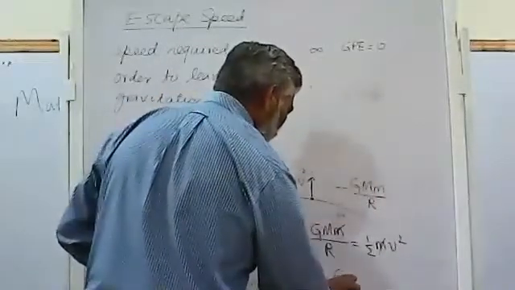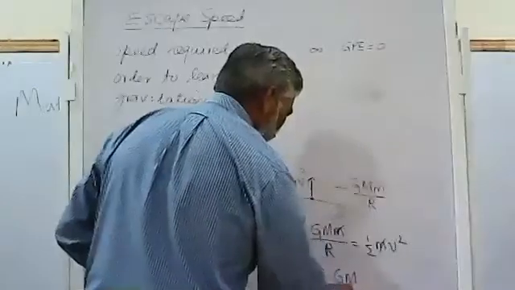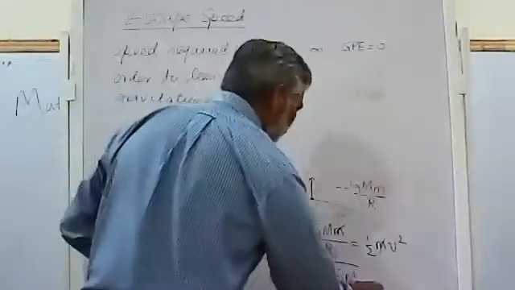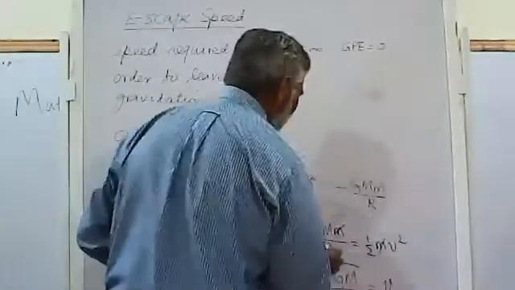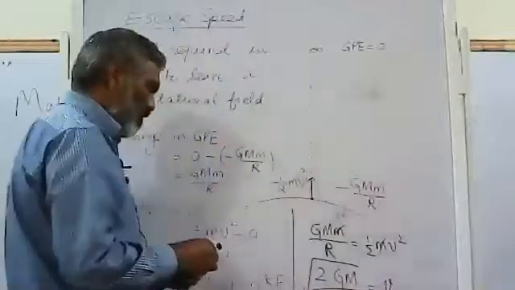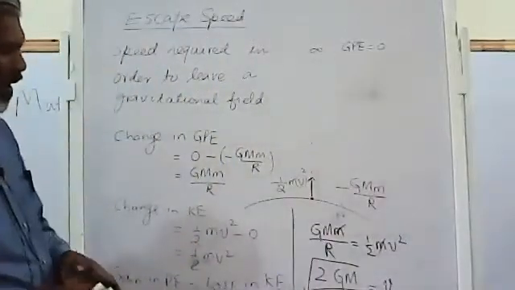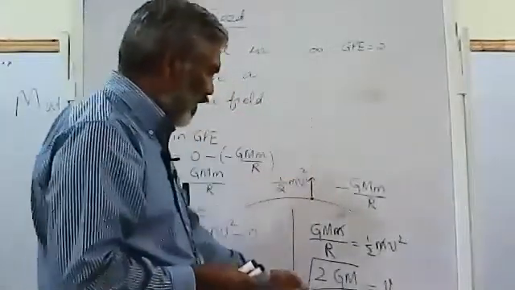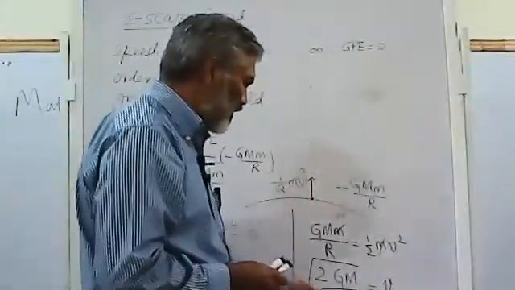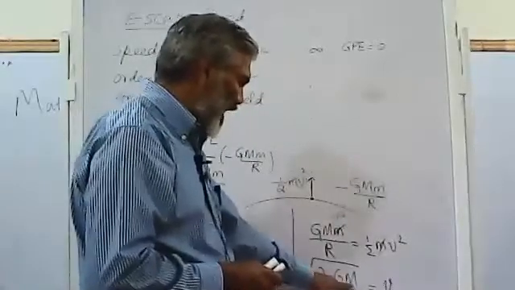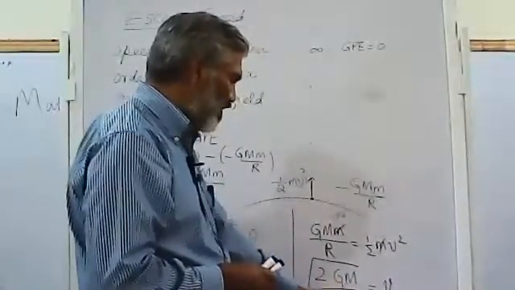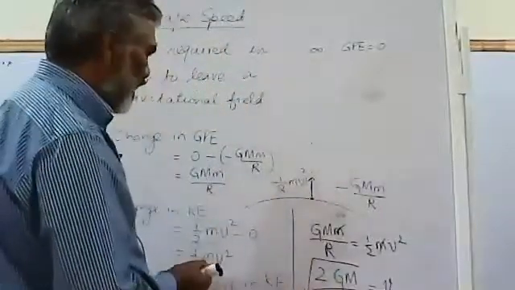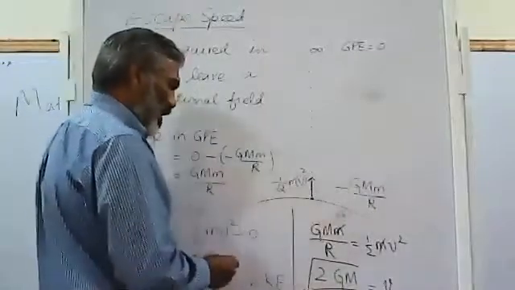So V equals the square root of 2GM over R. This is the value of V with which it must be thrown upwards, and this is its minimum value in terms of G, mass of that planet and radius of the planet, and this is easily calculable if we know all these values.